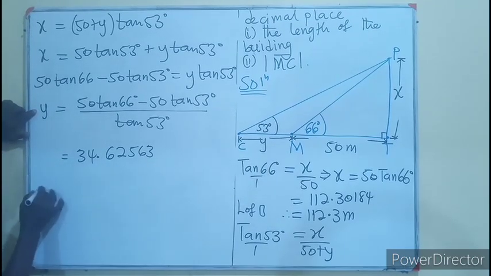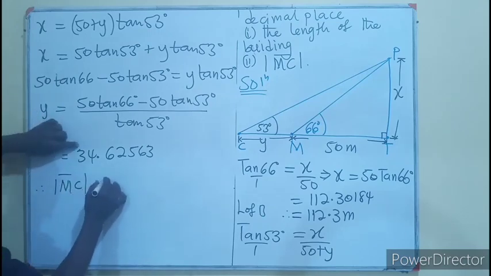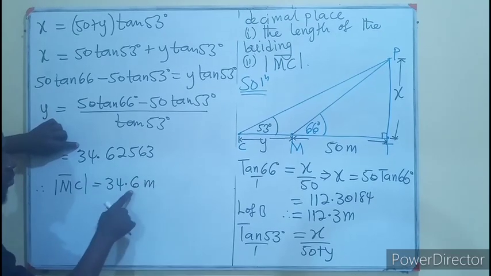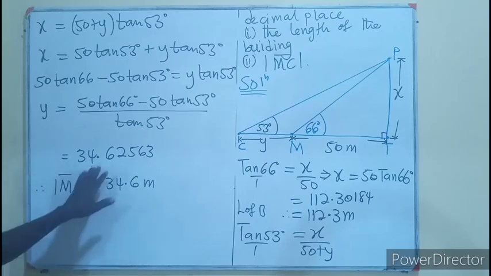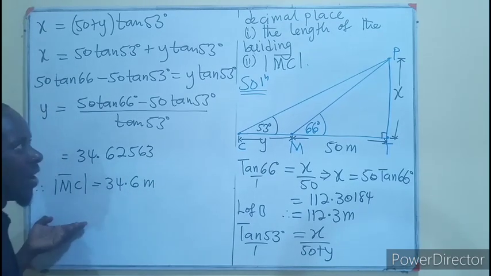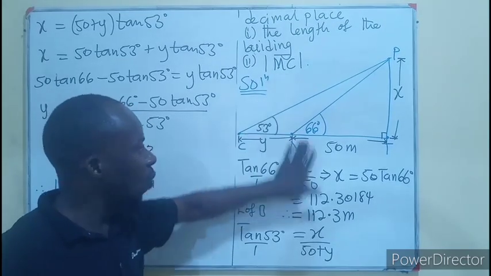So in this case, therefore, the MC that we are looking for is going to be 34.6 meters, because the question is asking for 1 decimal place. We have it in 5 decimal places. So this will be the final answer, which will be the second part of the second question of this question.